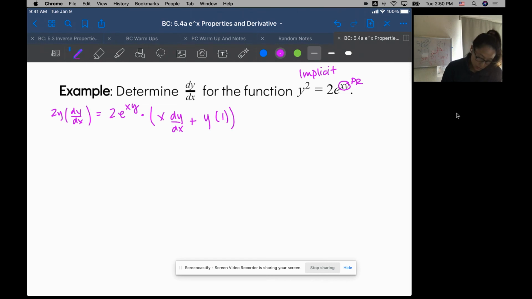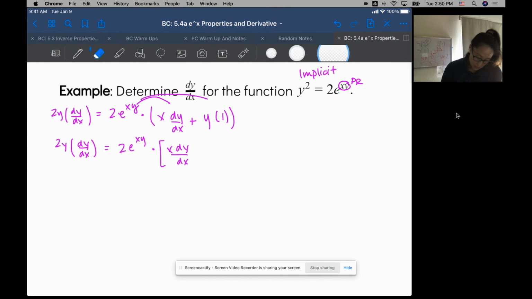Okay, so I get 2y times dy dx is equal to 2e to the xy times x dy over dx. Actually, I'm going to distribute.